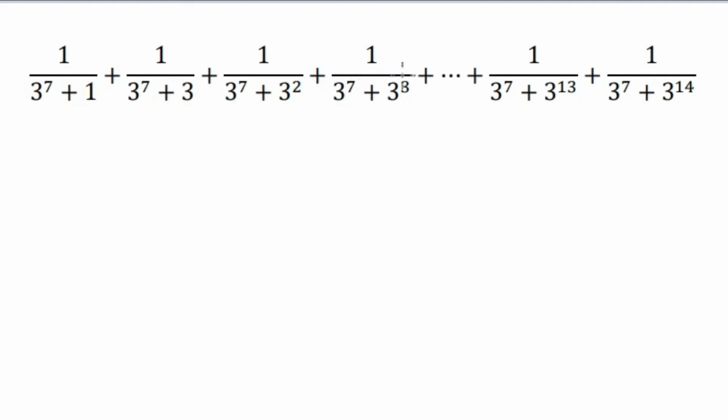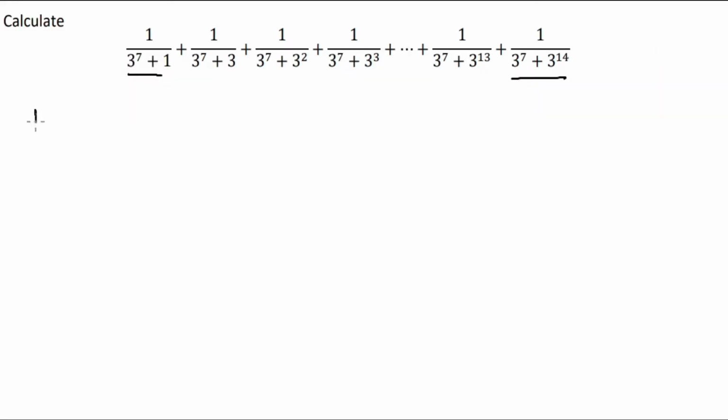We have to think how we can make pairs so that they have some similarity. Let's do it. Suppose we take the first one and the last one together: 1 over 3 to the power of 7, plus 1 over (3 to the power of 7 plus 3 to the power of 14).